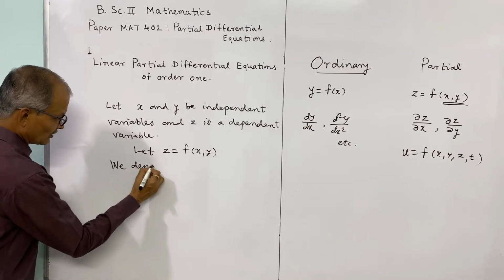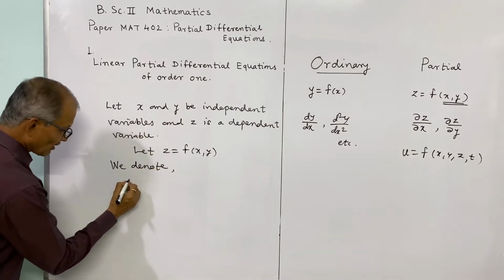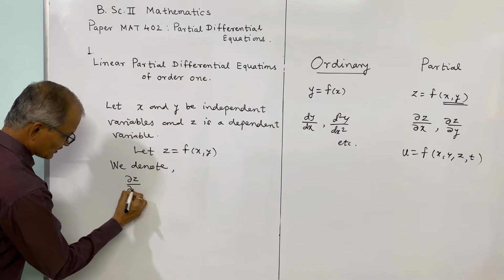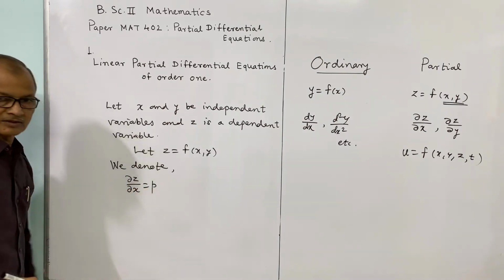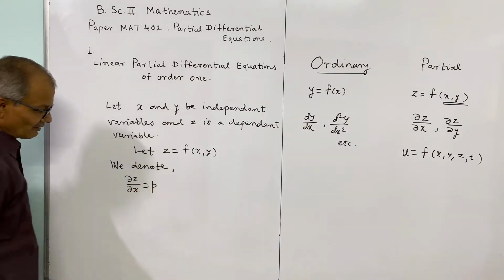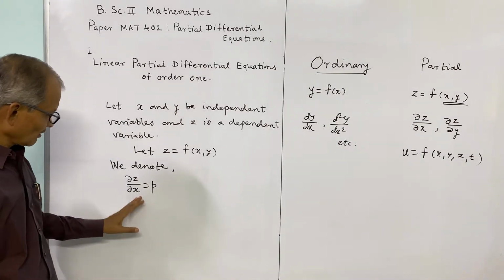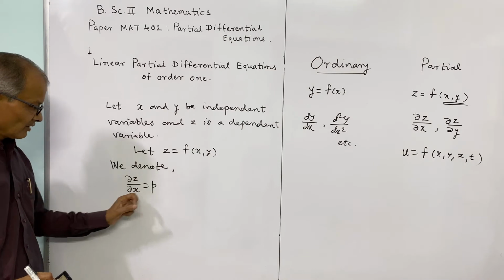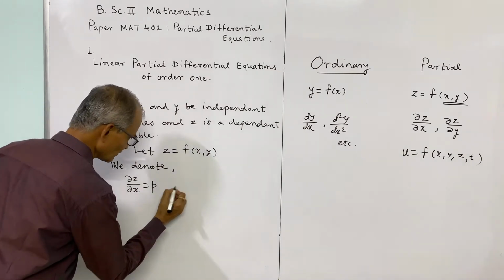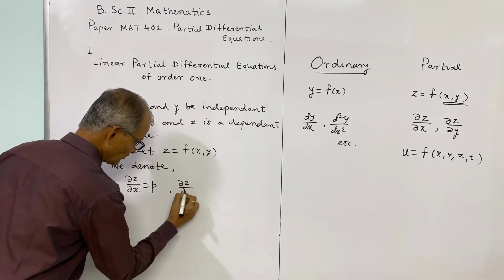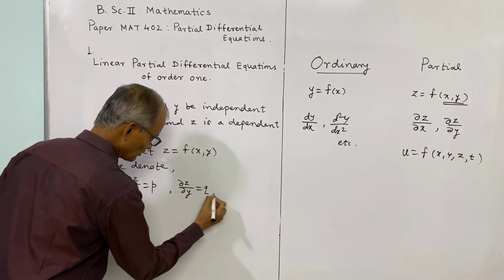We denote the partial derivative of z with respect to x by the letter p, small p. Different notations we will use, and to write this in brief, we denote this by p. Partial derivative of z with respect to y by q.